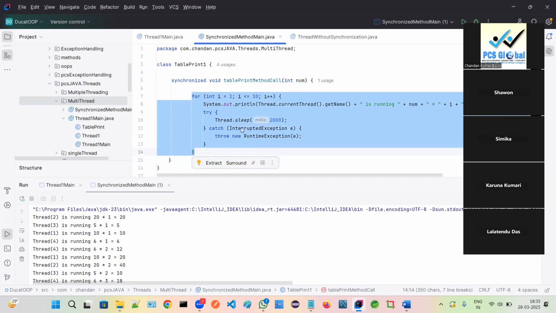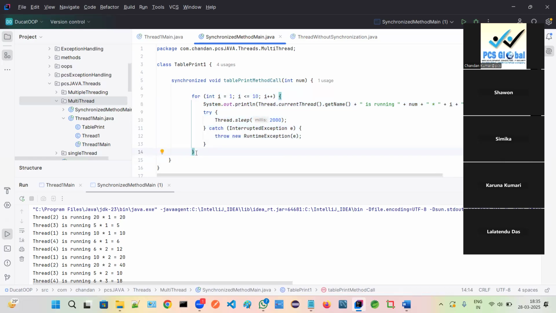Whenever that thread completes its execution, it will go out of this synchronized method. That thread is very clever and a very kind person. Kind means what? Whenever it goes inside, it makes a lock so that others can't come inside and can't interfere in its work.